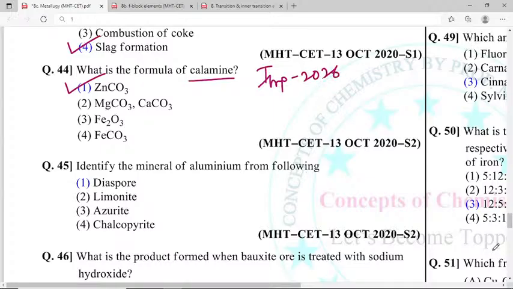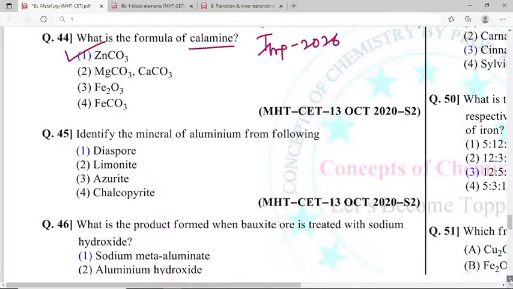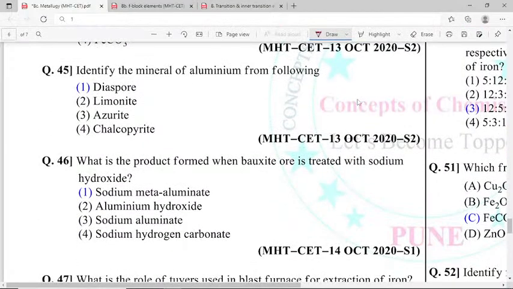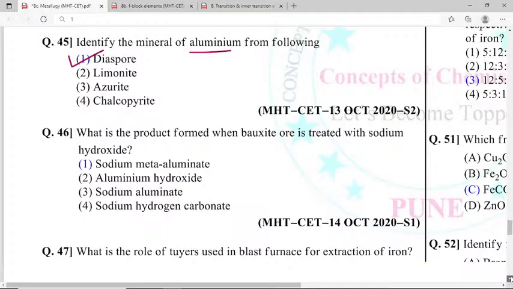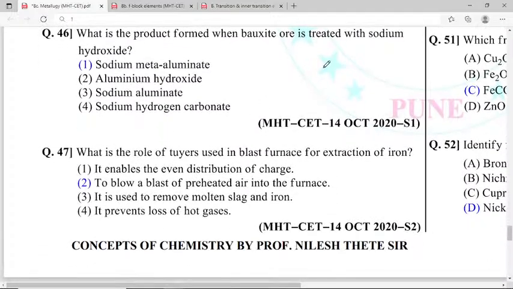Identify the mineral of aluminium from the following. Aluminium diaspore. Same question. What is the product formed when bauxite ore is treated with sodium hydroxide?